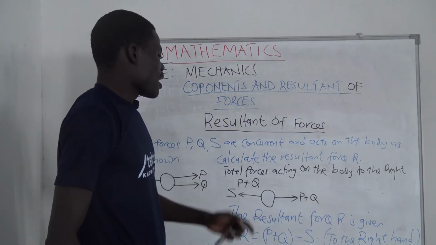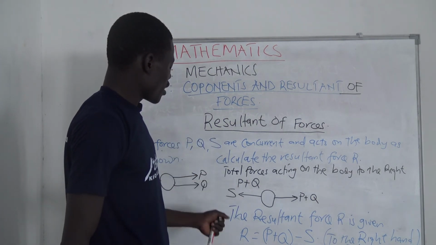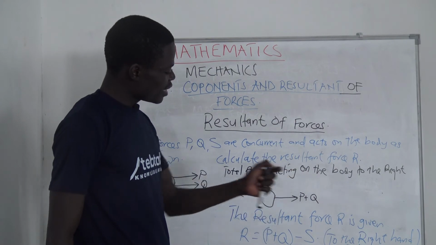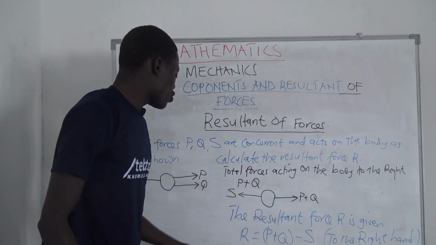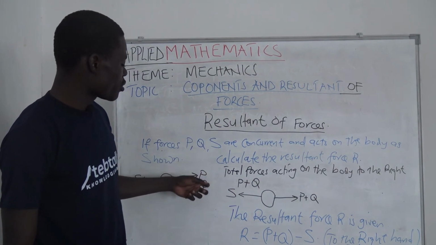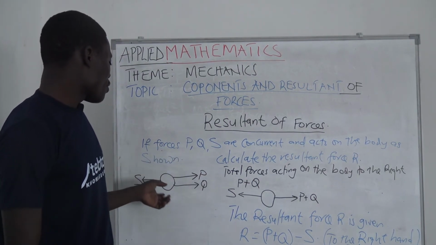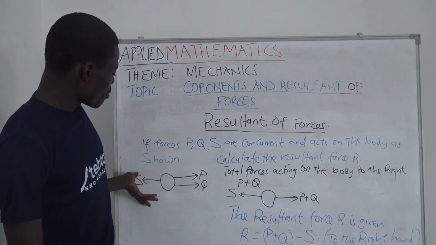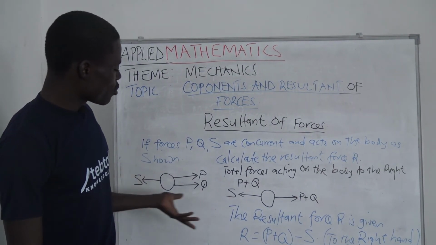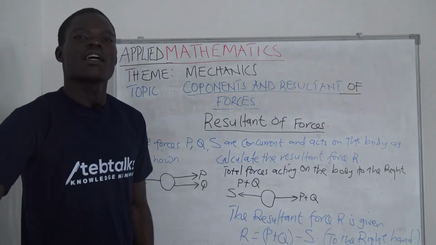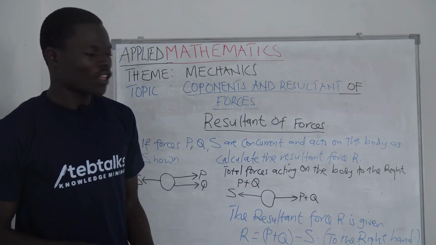So the resultant force on the body is moving to the right hand side, which we got by first adding the forces in the same direction, that is P plus Q, and then subtracting the force which is opposing them, which is S.